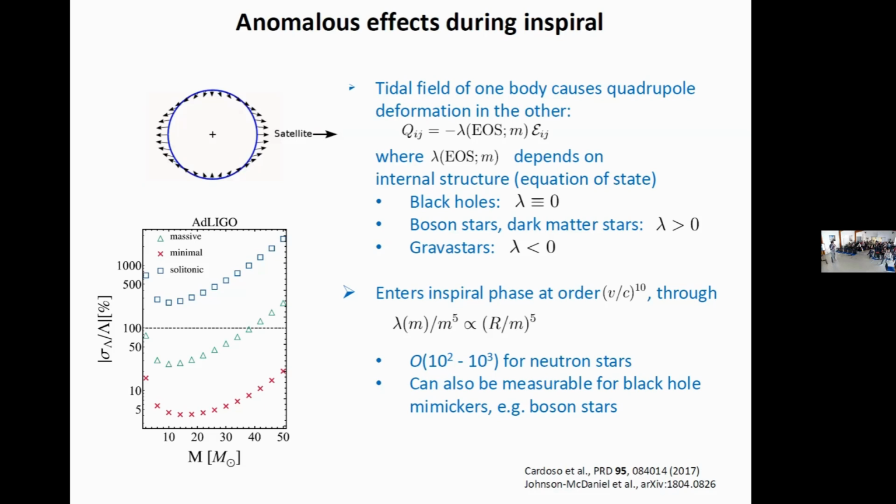It could be of order 1,000 for neutron stars; we don't quite know yet. But this can also lead to measurable effects for black hole mimickers, such as boson stars. They are tidally deformable, and depending on the type of bosonic field or theory you assume, you may see that tidal deformability.